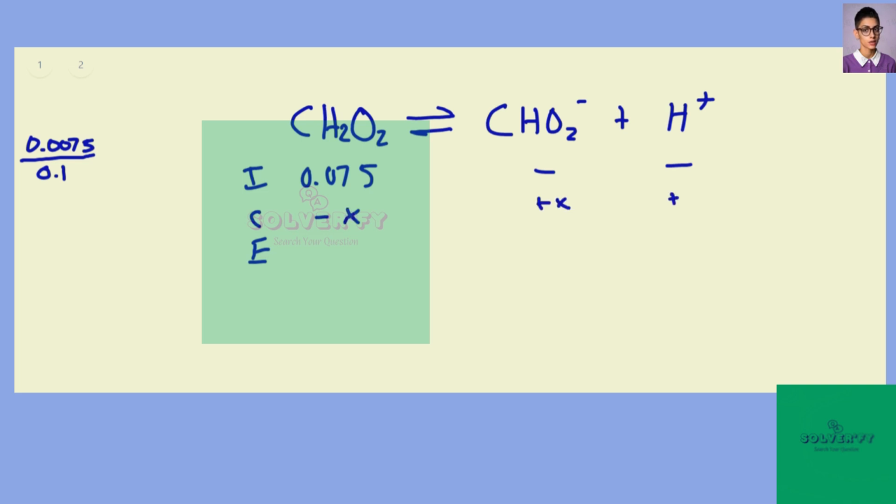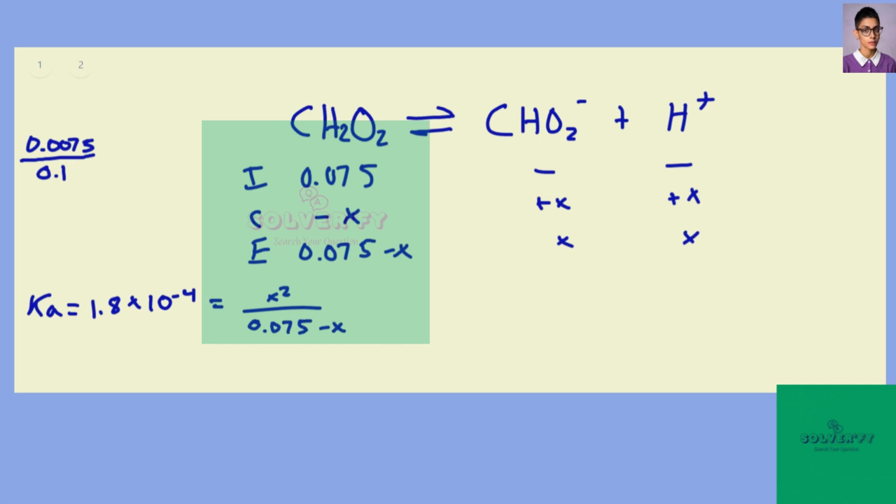So we take away X and add X, and we get 0.075 minus X, X, and X. So our Ka here is equal to 1.8 times 10 to the minus 4, and that's equal to X squared over 0.075 minus X.